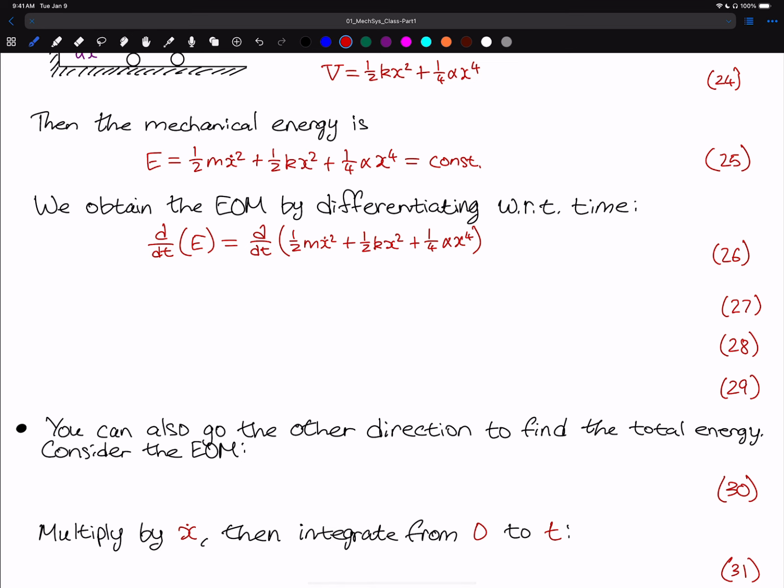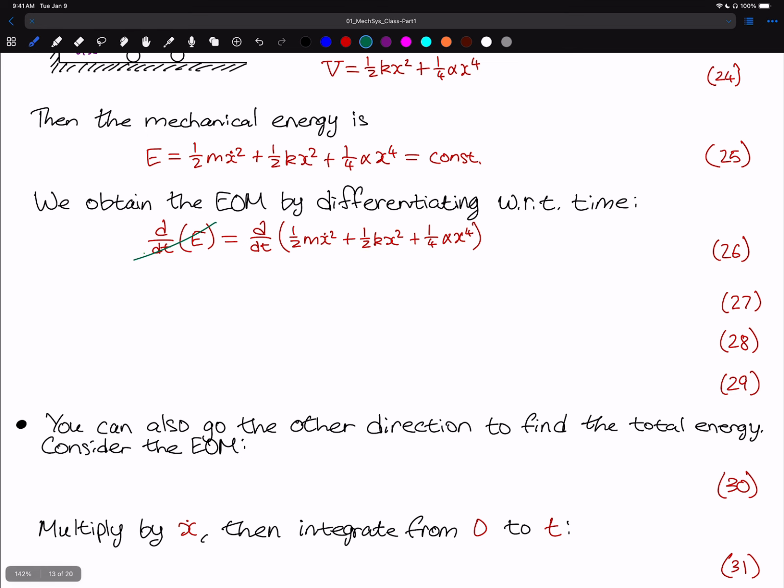Okay, so we set that E, this is a constant, so this is just going to go to 0. And then we're going to get, by computing the derivative for each term, we'll first have the derivative of 1/2 mx dot squared. Mass is constant, so we get m times the derivative of x dot squared. That's going to be 2 times x dot, which will cancel the 1/2. We'll get x dot, and then the derivative of what's inside that function using the chain rule, which is x double dot.